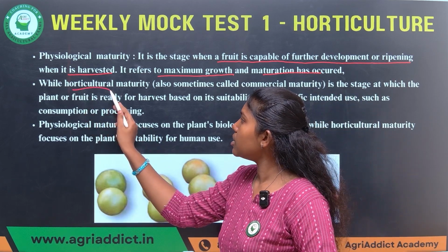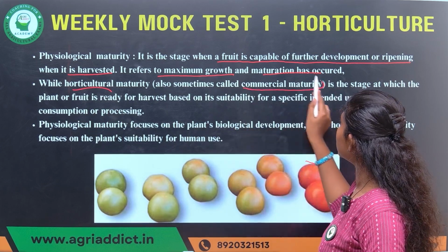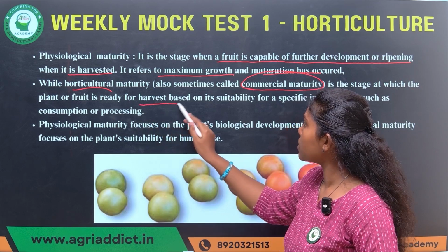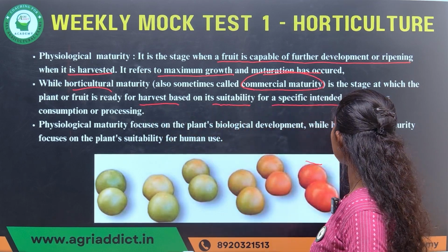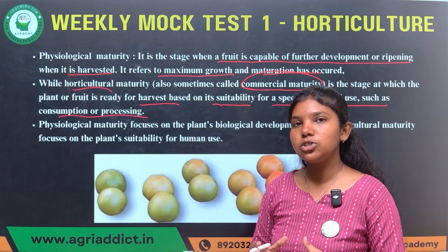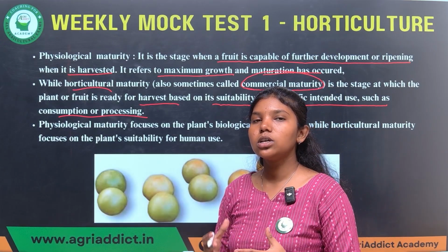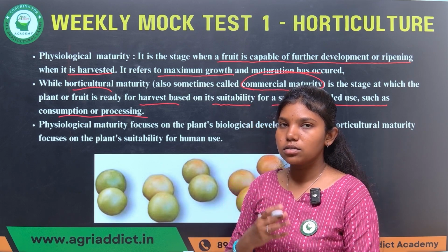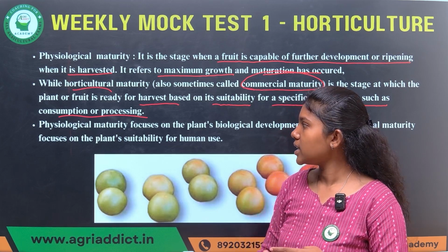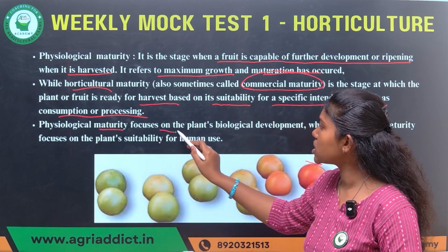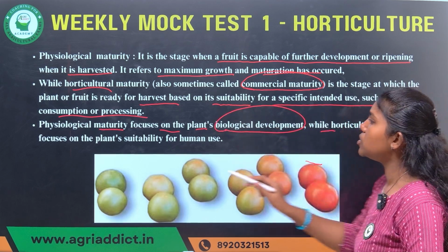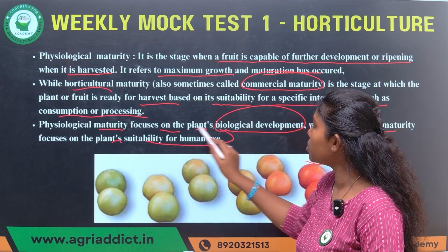While horticultural maturity, also known as commercial maturity, is a stage at which the plant or fruit is ready for harvest based on its suitability for specific intended use such as consumption or processing. That is, horticultural maturity is assessed depending on the use for which the crop is harvested, whereas physiological maturity focuses on the plant's biological development, while horticultural maturity focuses on the plant's suitability for human use.